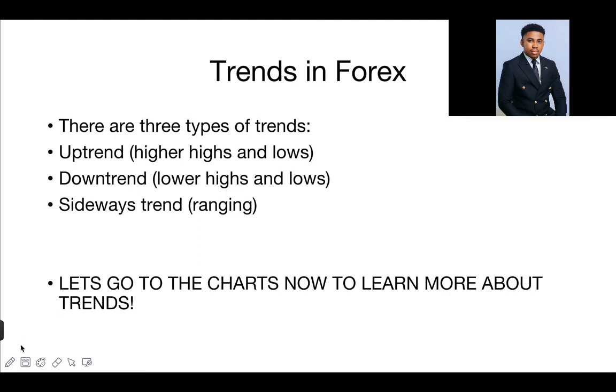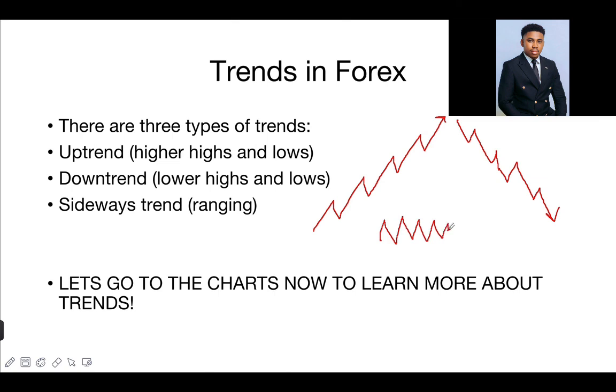So I'm going to show you guys what I mean. An uptrend looks more like this. You understand? Price is just moving to the upside. It keeps creating higher highs and higher lows. And a downtrend looks more like this. It creates lower lows and lower highs. While a sideways trend doesn't create higher highs, it just creates relatively equal highs, because they may not be exactly equal, but it just keeps ranging, moving to the side like this.